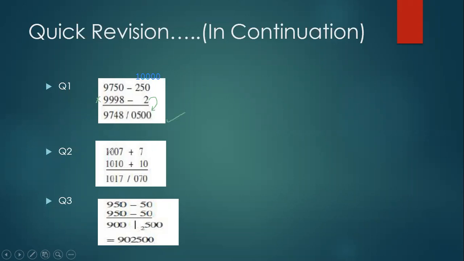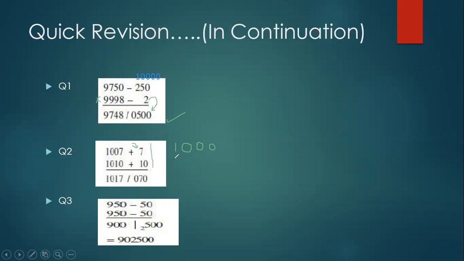What about when we go 1007 and 1010? Again, my base taken up over here is just 1,000. So I'm going 7 more than 1,000, so I get a plus 7. And for the next one, I get a plus 10. We need to multiply these parts. We learned it last time, right? You can go to the previous video and check in case you are not able to follow what I'm saying.